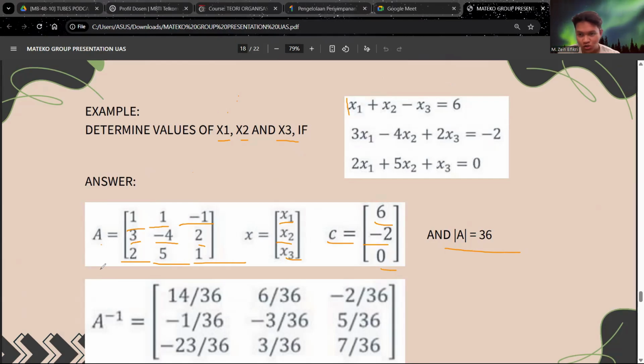Then we add to the solution A inverse, then we have before, 14 divided by determinant 36, 6 divided by determinant 36, and also minus 2 divided by 36 as well as the determinant, like that. Then we continue.